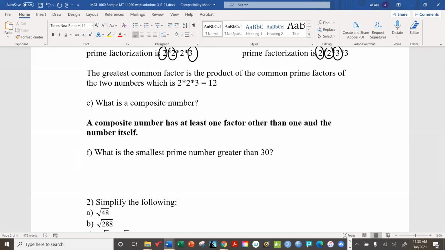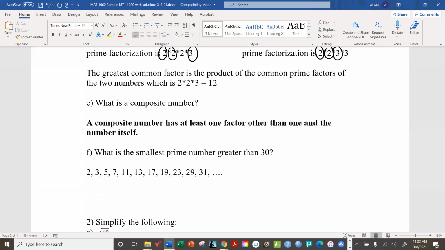Now, for the smallest prime number greater than 30, you can just start writing them all out if you want to. But it's not absolutely necessary because all you really have to do is start with 31. Why?